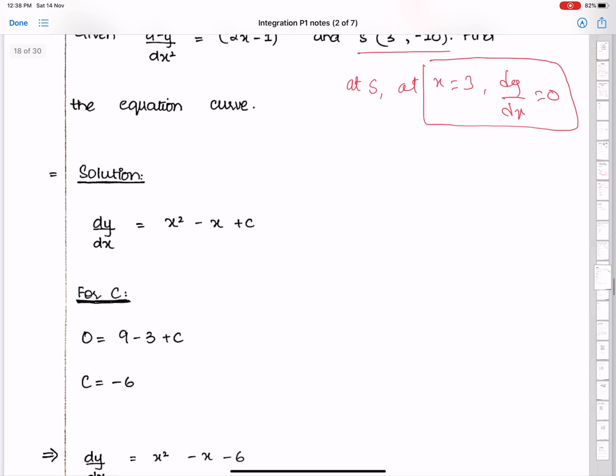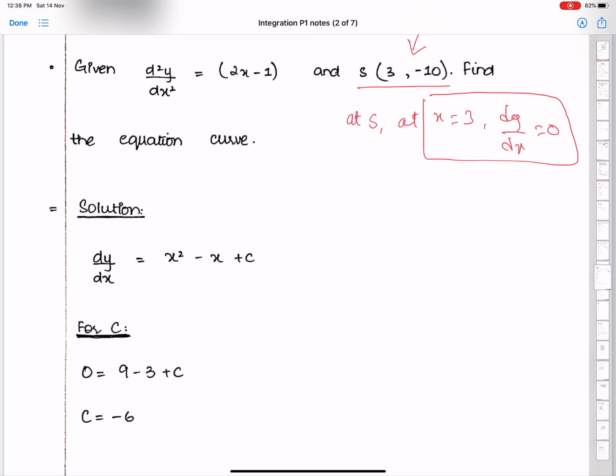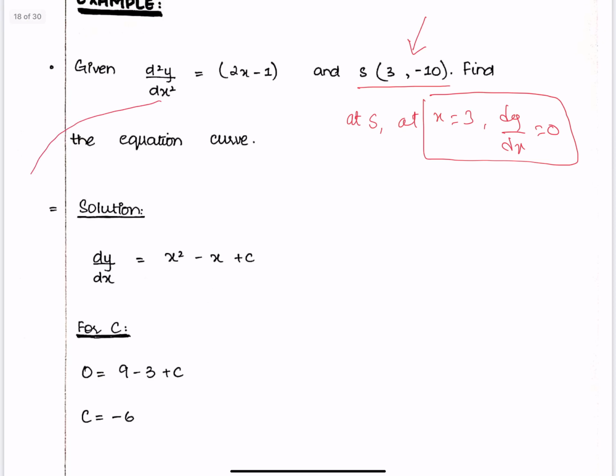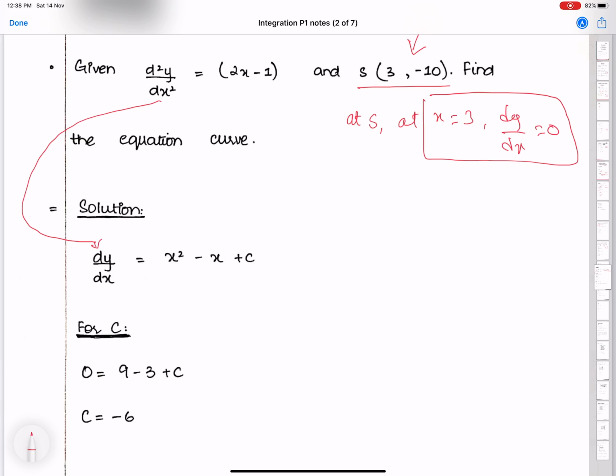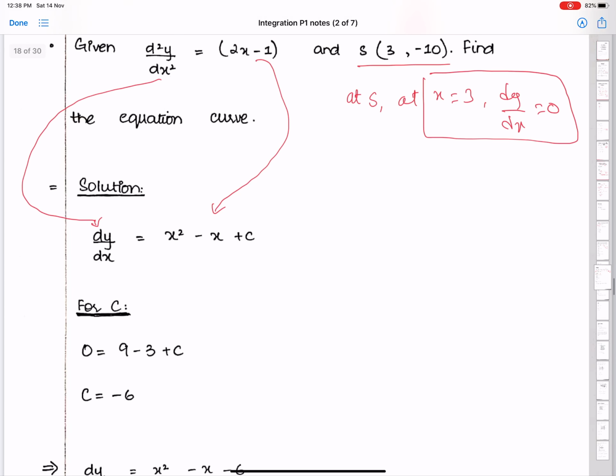So when we integrate this the first time, we'll get this thing. And you know how to integrate the right side. So by substituting this thing over here, we can easily get c. This is the value of c. And this is the equation number 1.